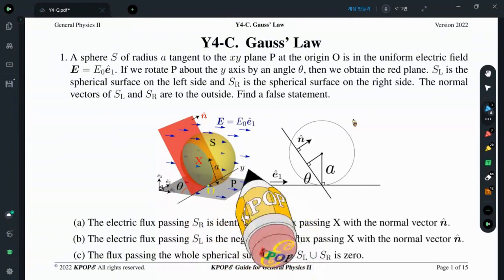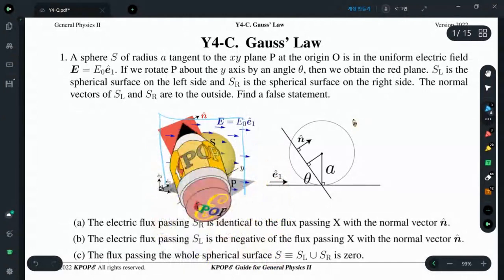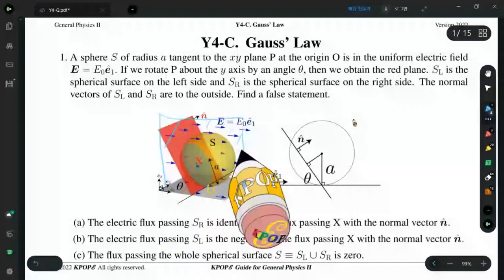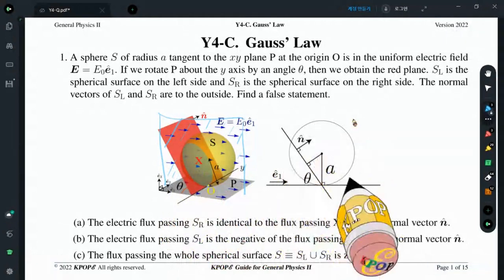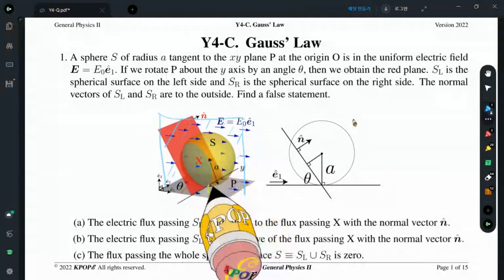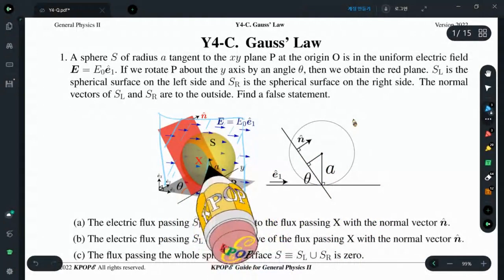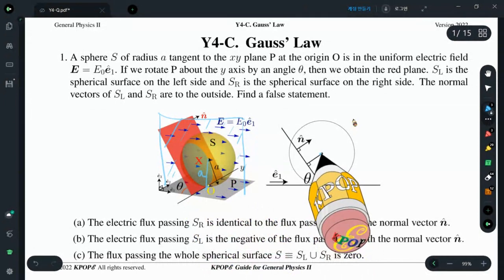If I make a cross-section perpendicular to this, the cross-sectional view shows a circle, and this is a radius a from the bottom. This is also a from the bottom to the center of the sphere.